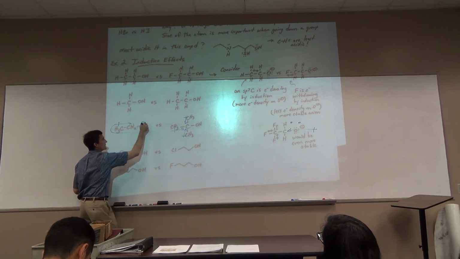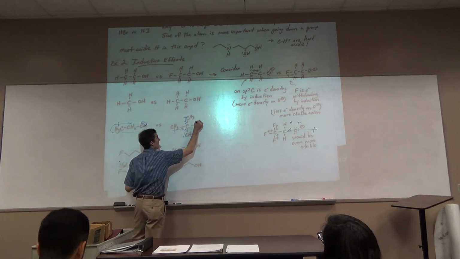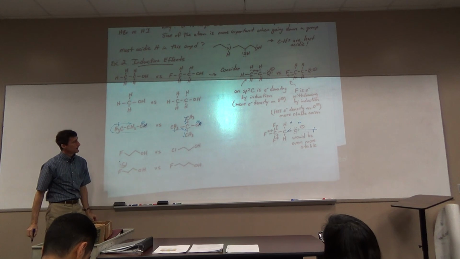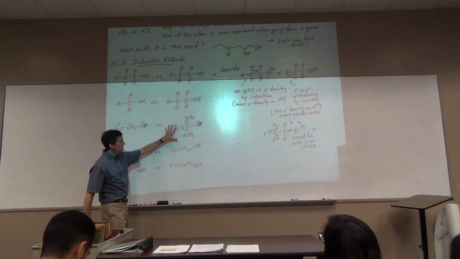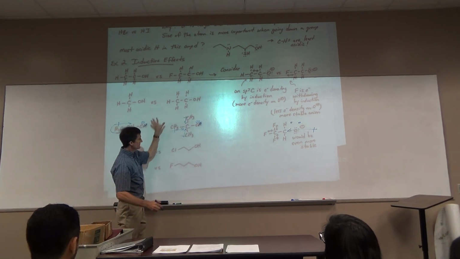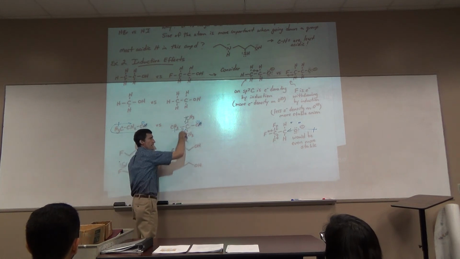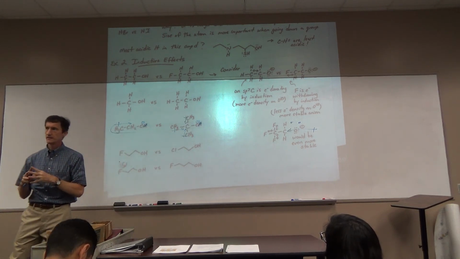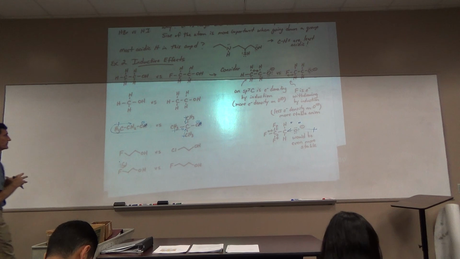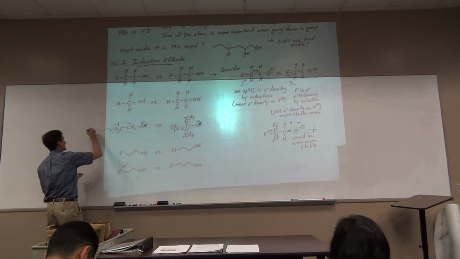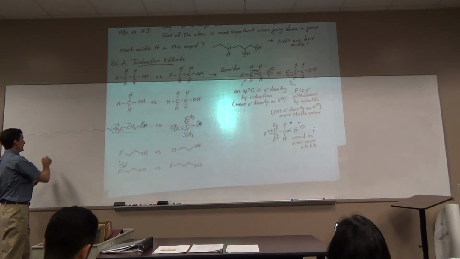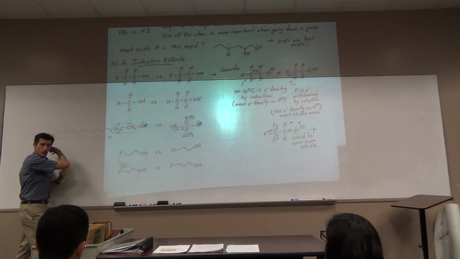We're considering the anion, right? When you look at induction by carbon, this branching is like triple the amount. That's how you have to look at it. Even if this was this long, this would only be a 1.